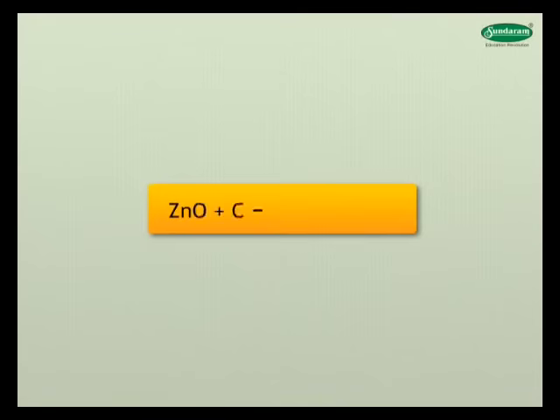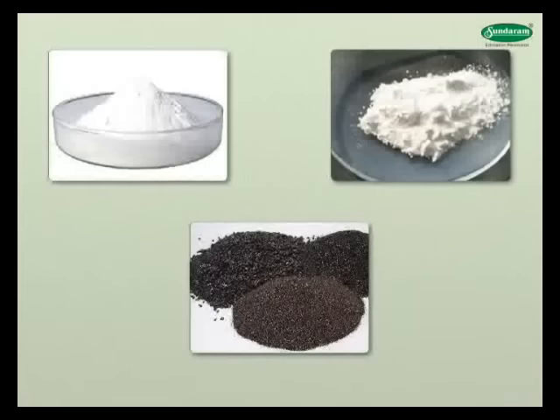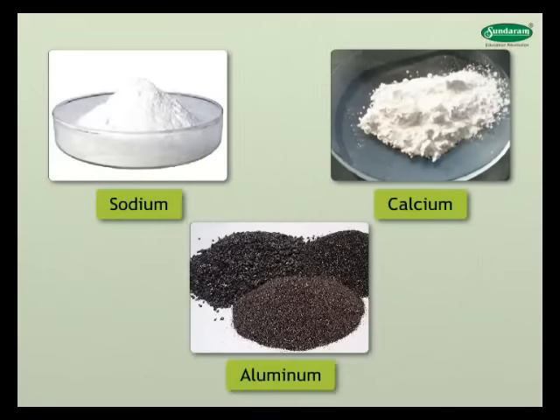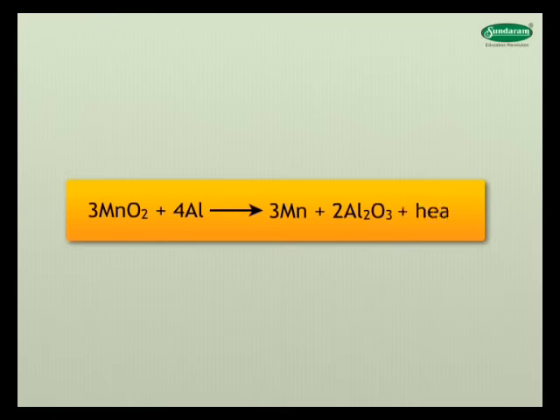ZnO + C gives Zn + CO. Besides using carbon to reduce metal oxides to metals, highly reactive metals like sodium, calcium, aluminium, etc. are also used as reducing agents because they can displace the metal of lower reactivity from their compounds. Example, when manganese dioxide is heated with aluminium powder, the following reaction takes place.